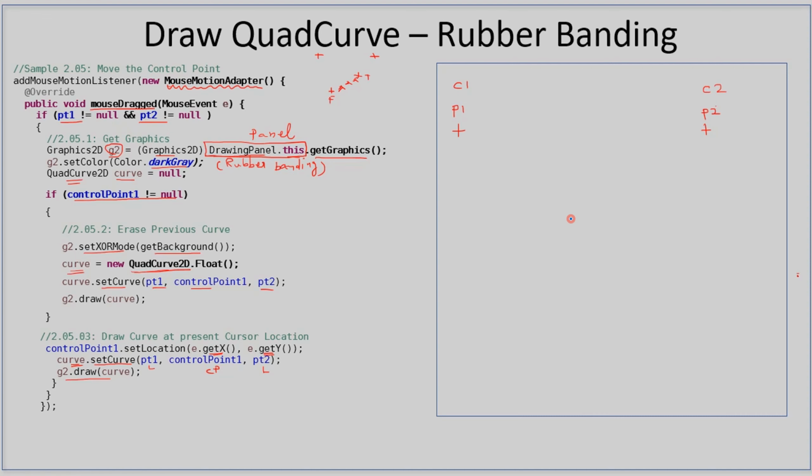So let us say this is the control point location CP1, and let's assume that you are moving the mouse in this direction. Let's say this is the direction you are moving the mouse, and you are finishing the drag at this location, CP1.